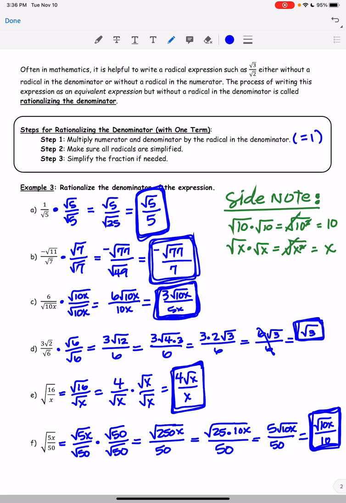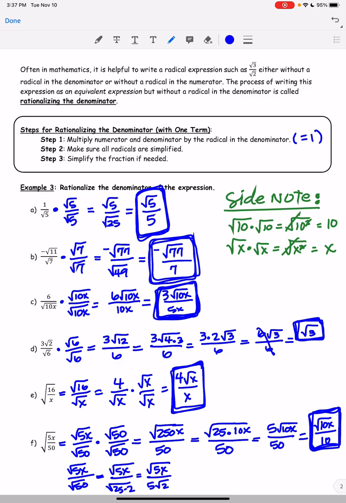But if I pick it up from right here, I had square root 5x over square root 50. What you could do is simplify the bottom first and deal with smaller numbers. So the square root of 50 is 25 times 2. Square root 25 is 5, so we get square root 5x over 5 square root 2.